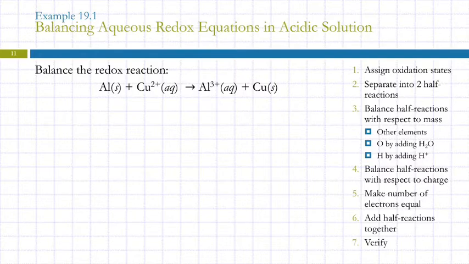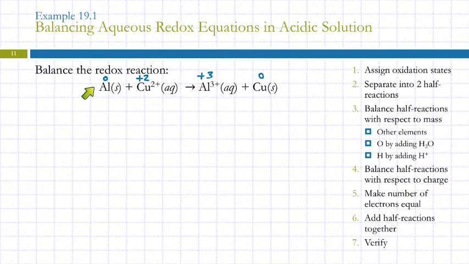What's the oxidation state of aluminum solid? 0. It's an element. What's the oxidation state of copper 2 ion? +2. Same as its charge. How about aluminum ion? +3, same as its charge. And the copper? 0.